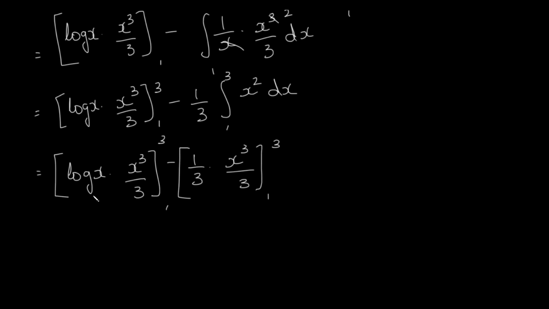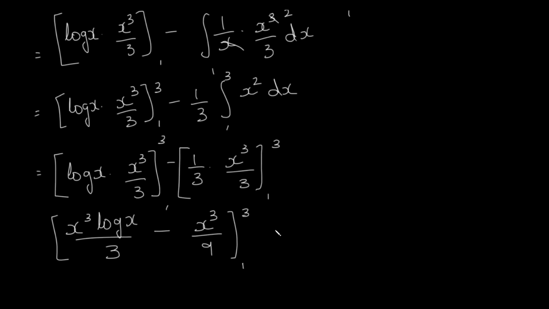Thus we solve the integral. Now to write it in a proper manner, it becomes x cube log x upon 3 minus x cube upon 9. The limits are common, from 1 to 3.